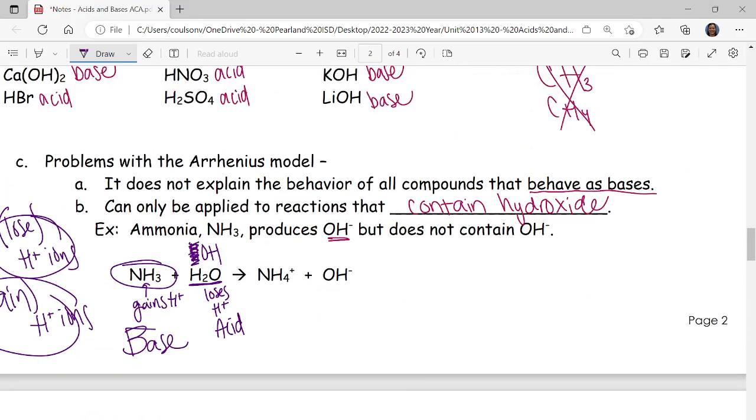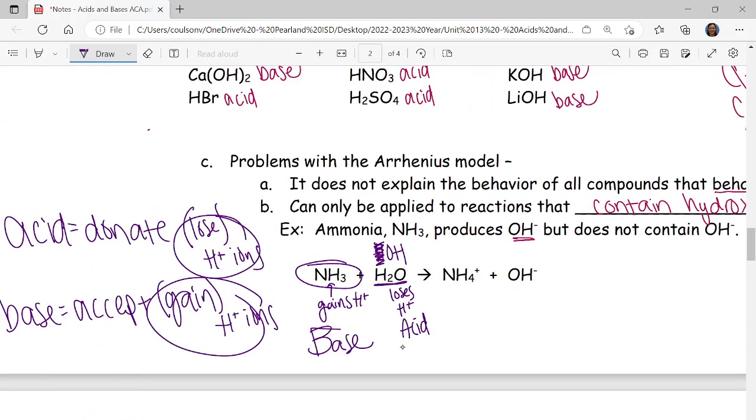So if we go back up, when this acid gets rid of its hydrogen, the thing that it forms is this, which would make my OH what we call the conjugate base. And when my NH3 gains a hydrogen, the thing that it produces would be called my conjugate acid.